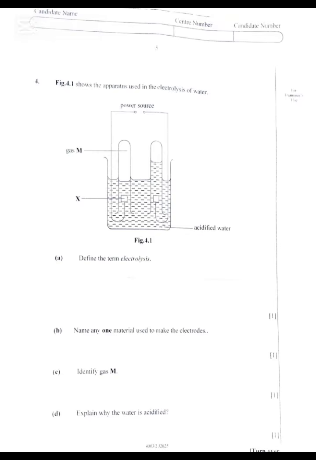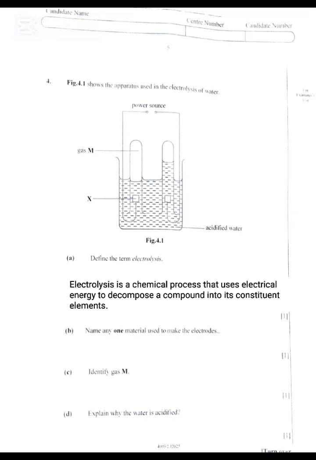Fig 4.1 shows the apparatus that is used in the electrolysis of water. We are required to define the term electrolysis. So electrolysis is a chemical process where electric current is used to decompose a compound into its constituent elements.